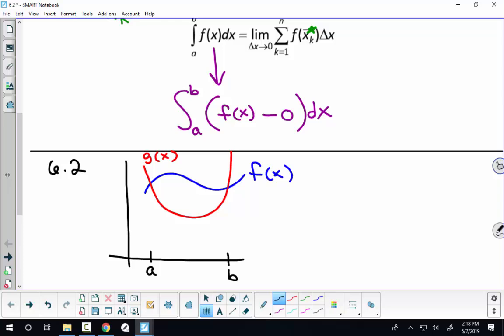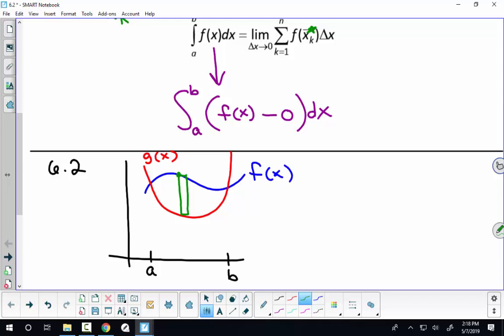So what do you think changes here? I'll give you a hint. We still slice this region up. We still look at rectangles, and we take that sum as the number of rectangles goes to infinity.